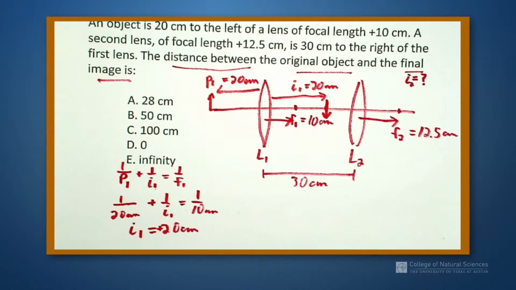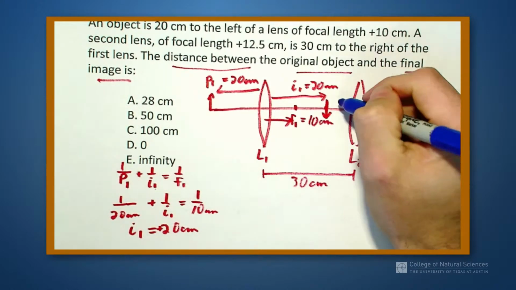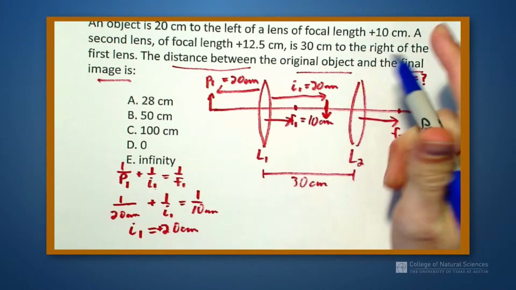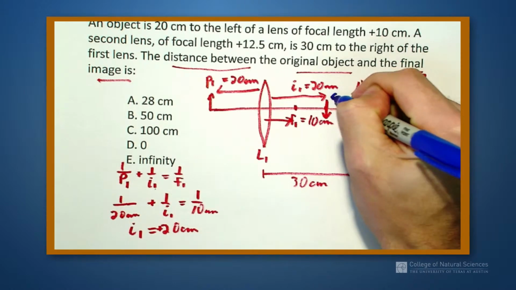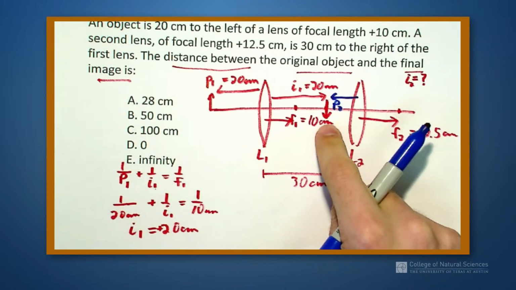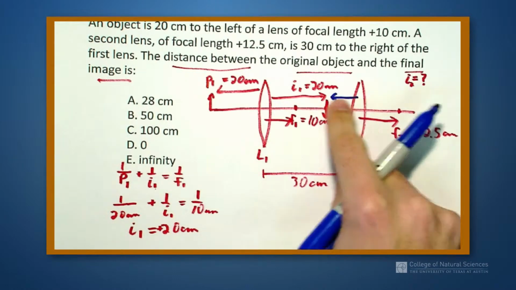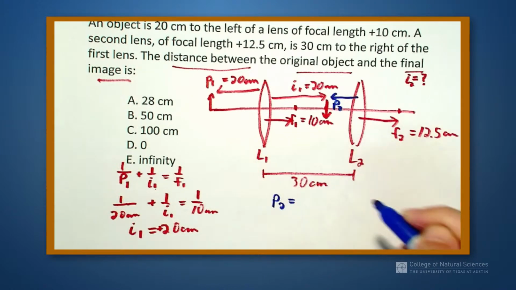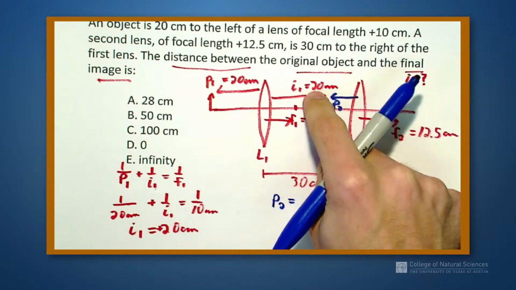Now here's the trick on all multi-lens problems. The trick is that the image of the first becomes the object of the second. It's in the same location, but we measure them in different ways. So P2 is actually going to be related to the 30 centimeters and the 20 centimeters.